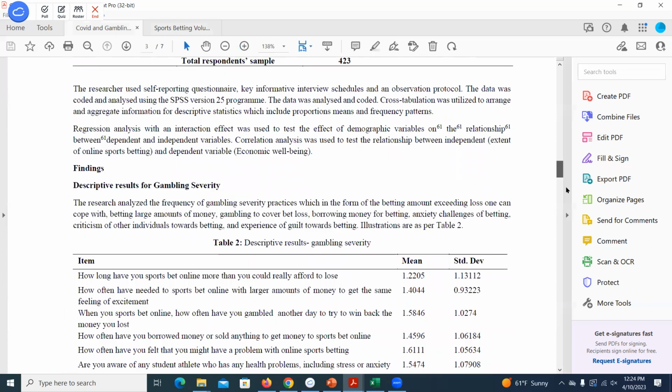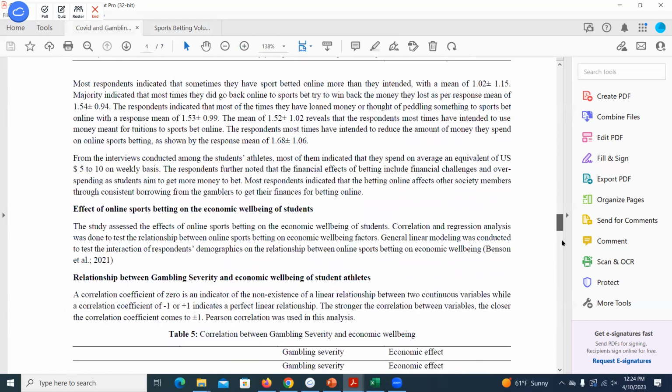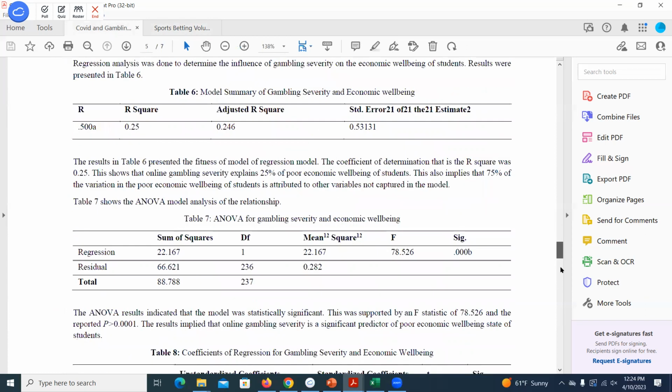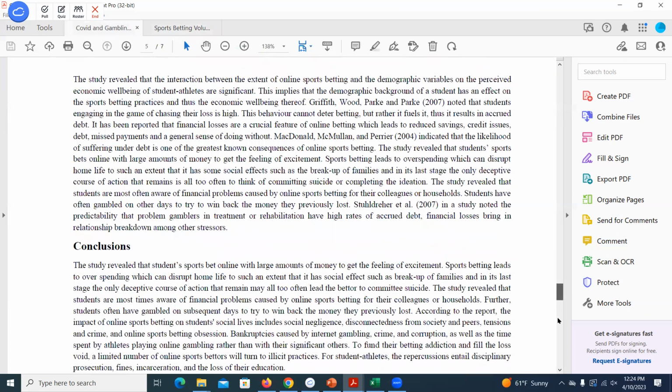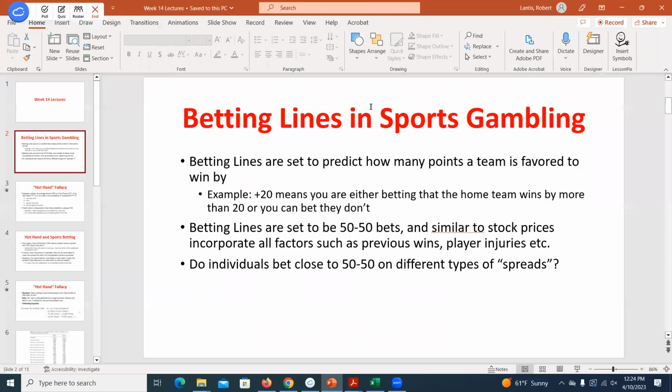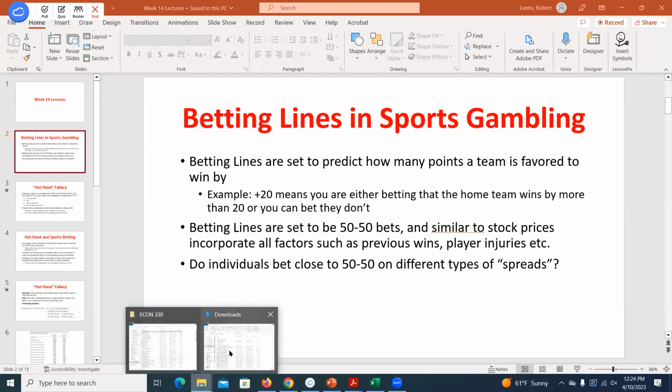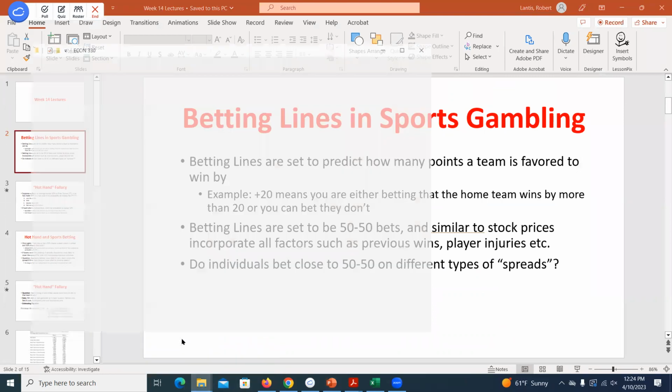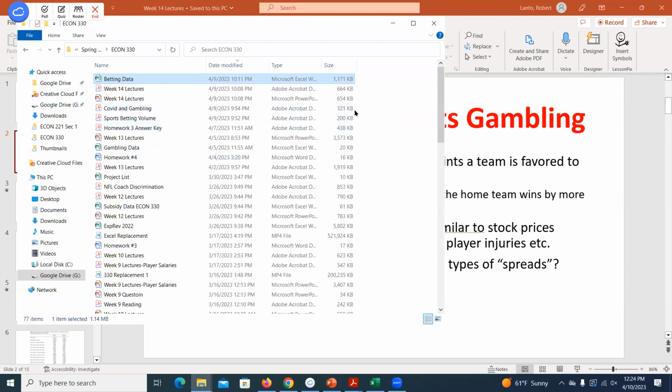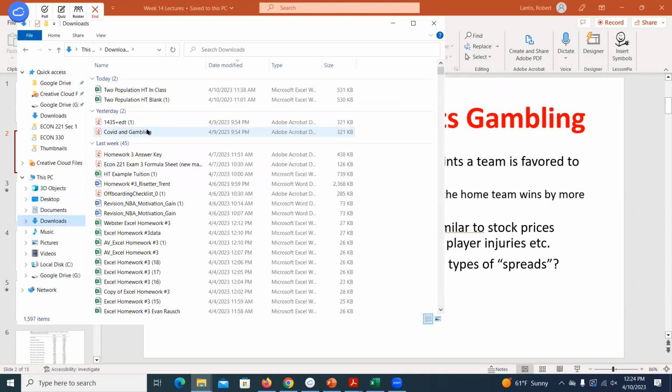So let me go down here. Wait, did I label this incorrectly? I think I did. This isn't the one I wanted. Hold on. Which one did I have here? So I had COVID and gambling. Let me look at the downloads.